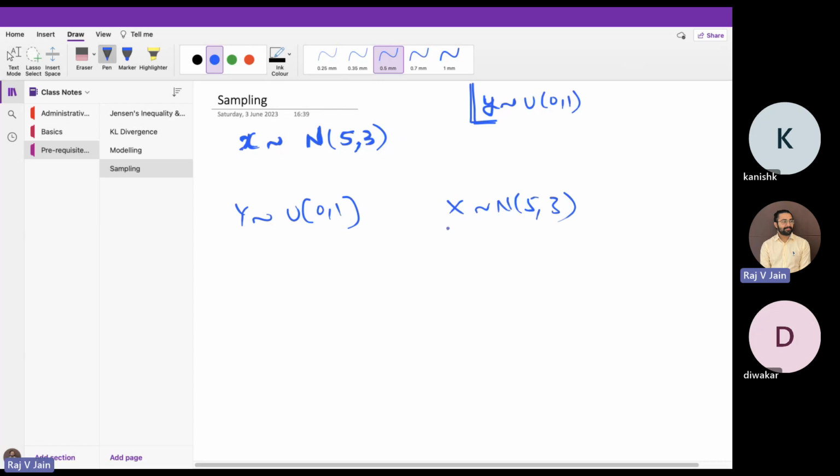If I can find a function f which takes y as the input, then f of y is also a random variable. I want this random variable to behave as x. So if I can find a function f which transforms my y into an x, such that y is uniform(0, 1) and x is N(5, 3), I'm done, right? Is this true or not?